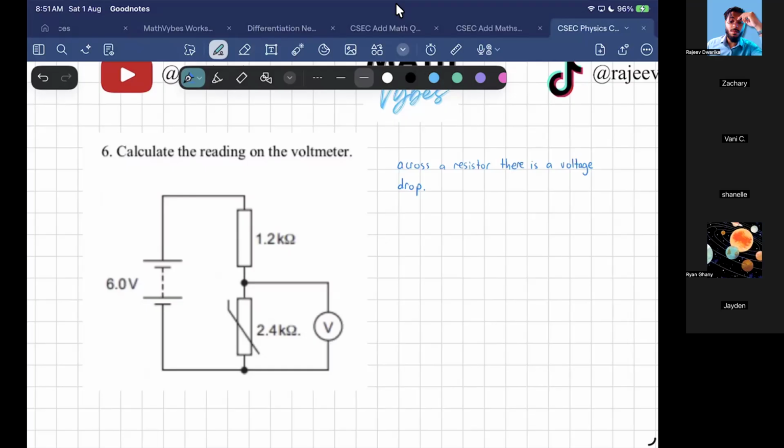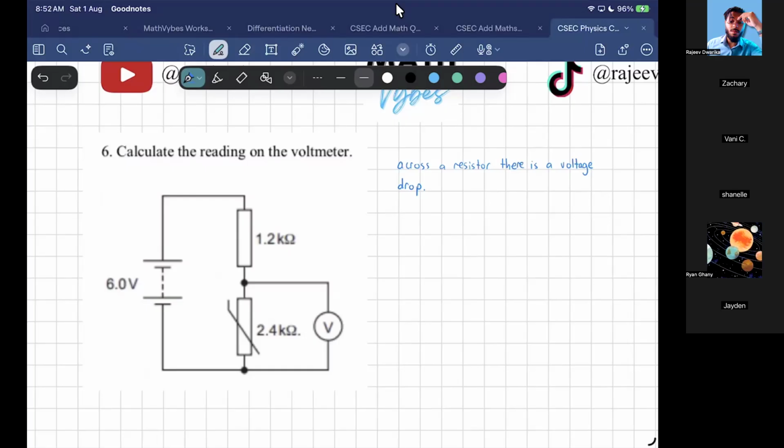So across a resistor, it's slowing the flow of electricity. How? Because the electrons give up electrical potential energy, the energy they have, by colliding with atoms inside the resistor. It's like a big accident that slows down the electrons from flowing through.